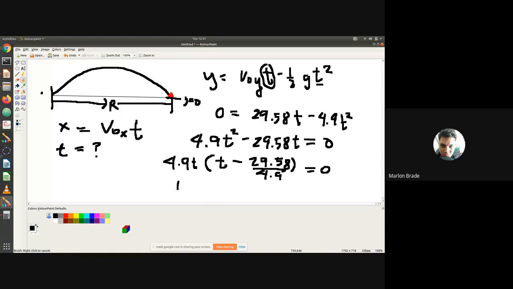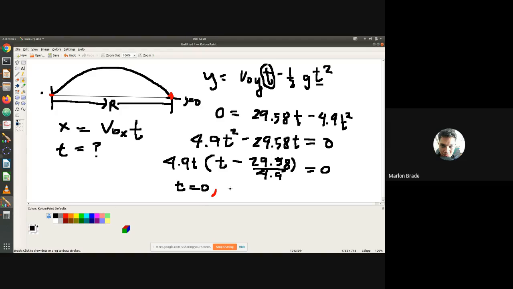Right? So, t is equal to 0. Of course, we get t equals 0 because that is the time when the ball is launched from here, when y equals 0. The second is the time when the ball lands at this point.